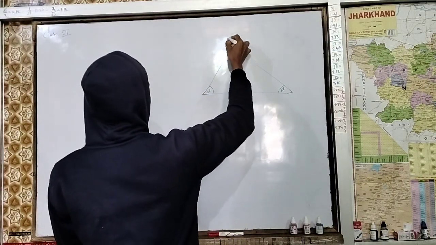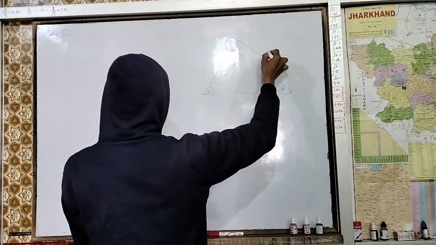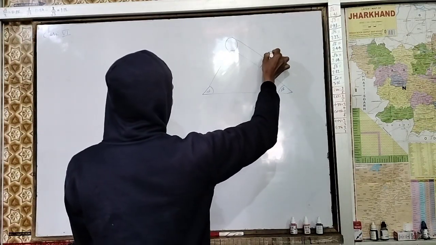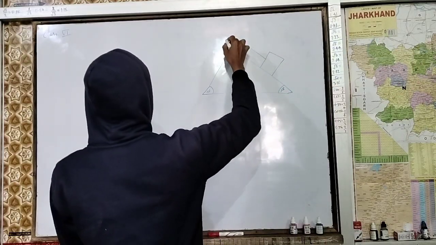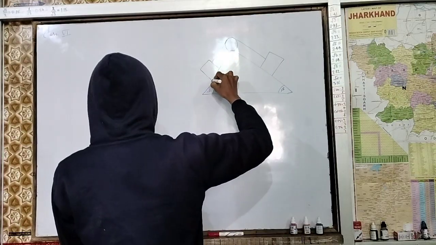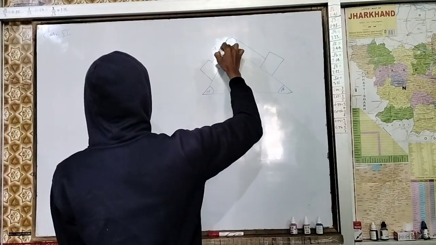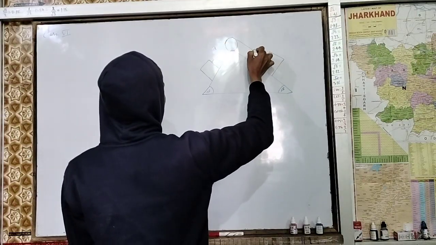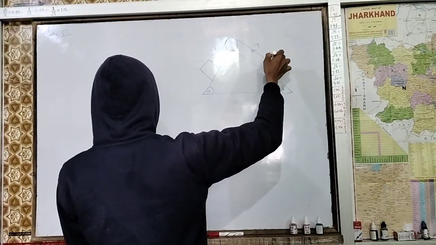There is a pulley. This is an object. Another object is over here. There is another object. T is tension.